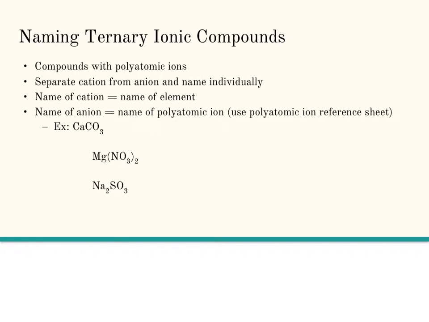So if I look at CaCO3, I can recognize Ca is my cation, and the name of Ca on the front of the periodic table is calcium. The anion in this compound is a polyatomic ion, CO3. So we should recognize that all ionic compounds can only break apart into 2 ions.